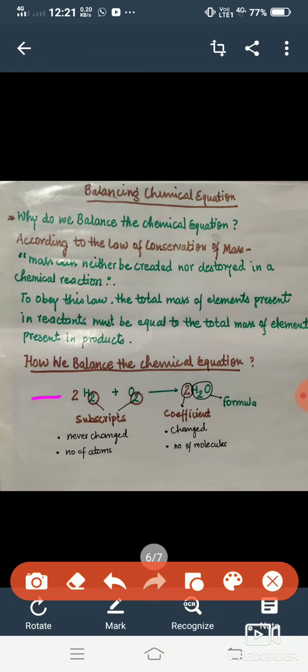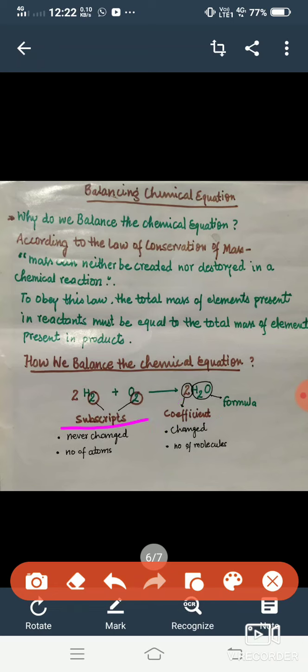Here these two show the subscripts and these two show the coefficients. The subscript is always written below the atom, and the coefficient is always written in front of the atom or formula.